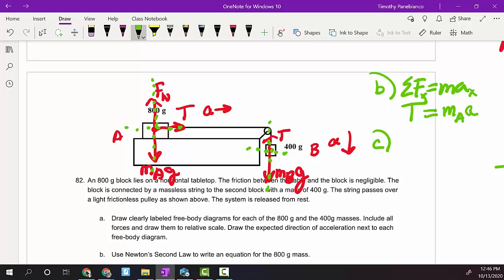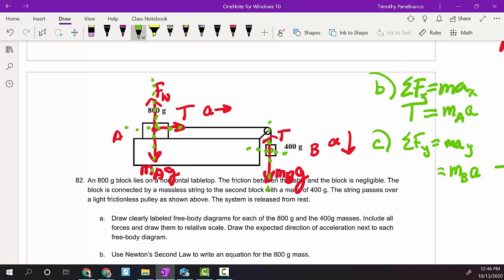For part C, we're going to go through a similar operation for the second block, block B. We're going to do sigma F in the Y direction, since that's the only direction of motion for that block. And we know that it's the same acceleration as for block A, so we'll use the letter A, and this will be MB on the right-hand side, forgive me.